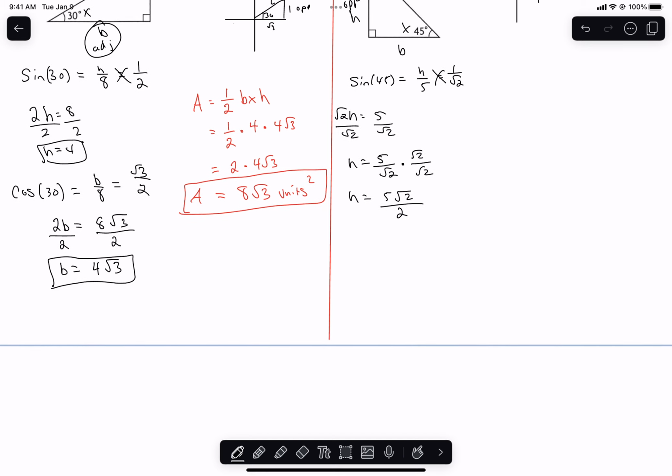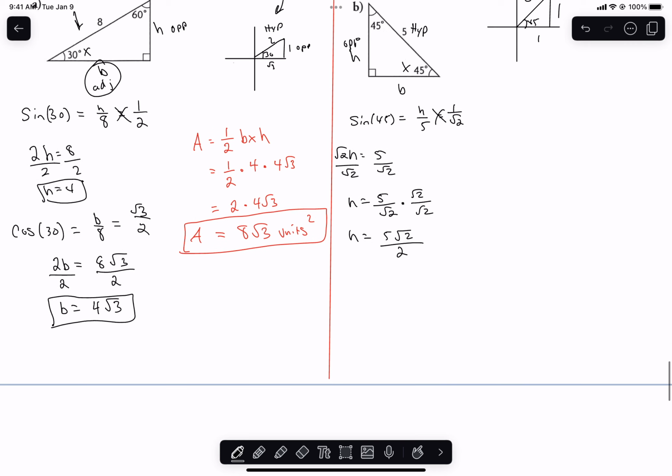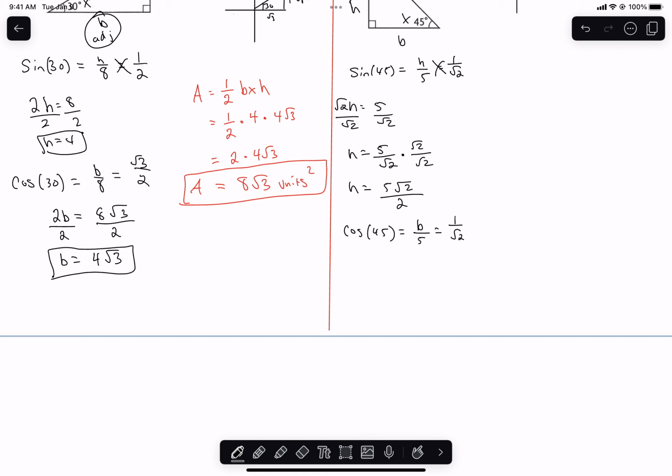Okay, so that's h. I'm going to do the same work for b, except this time I'm going to use cosine. So cosine of 45 is going to be b over 5, which has to equal, in relation, it's the same, 1 over root 2. I'm solving for b.